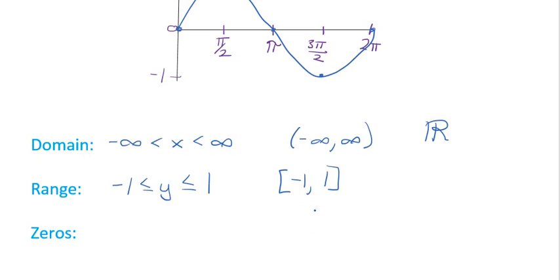Now, the zeros, zeros are where this graph's crossing the x-axis. So that's at 0, at pi, at 2 pi. Basically, anytime you have a sine of 0, which is on the x-axis when you're looking at your unit circle. And there's so many to list because it goes in both directions. We write a little formula because it's impossible to write all of them.